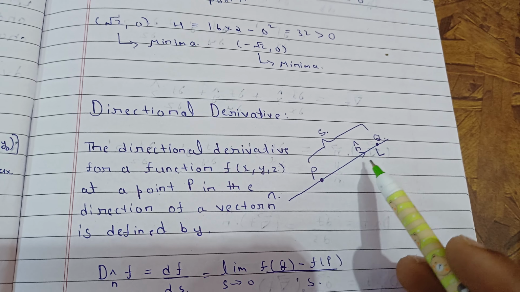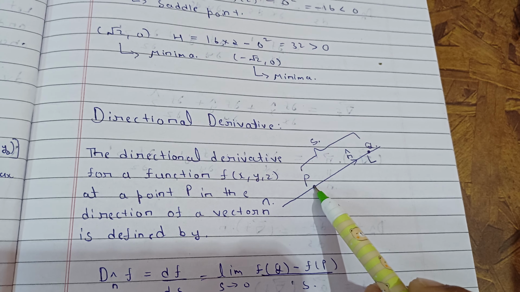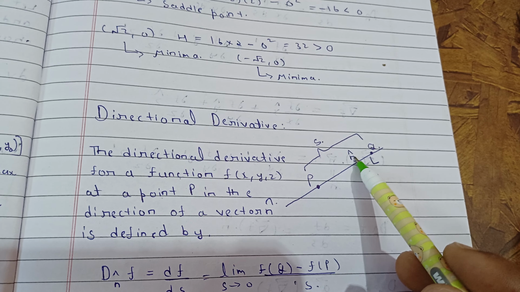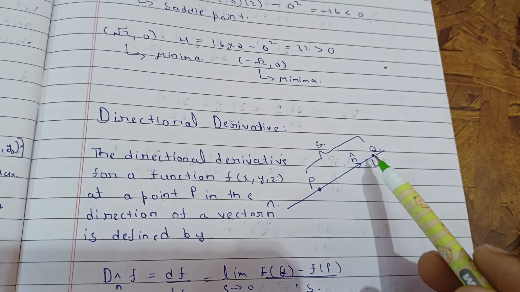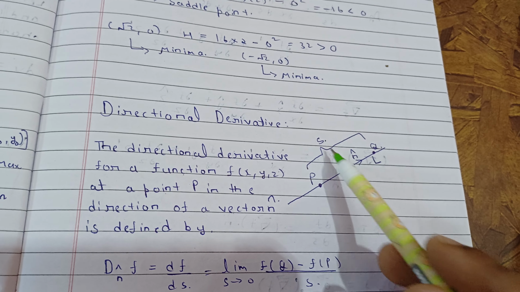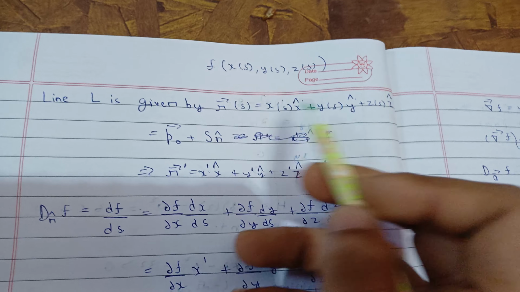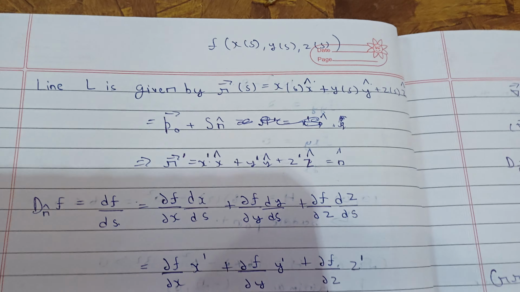If this is your a naught, then a naught plus s n cap will give you your line equation. So it will be p naught, the coordinates of this point, plus s multiplied by n cap. This denotes this length. For any point Q, you can determine its coordinates by p naught plus s n cap. That's how we can write r equal to p naught plus s n cap.